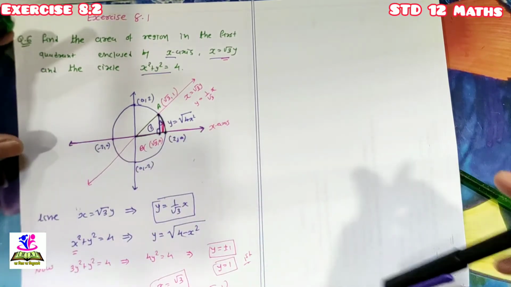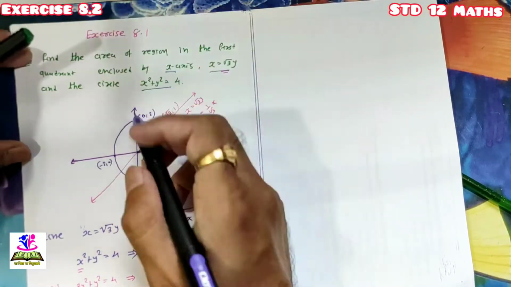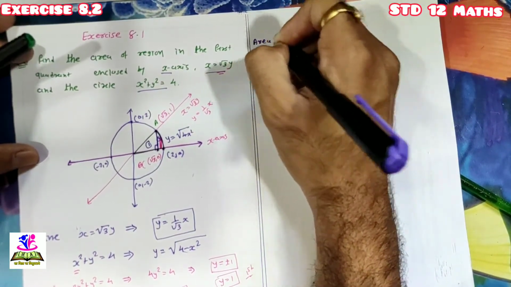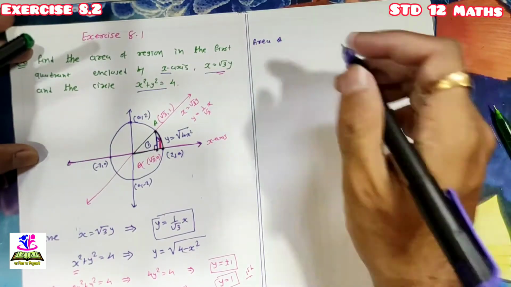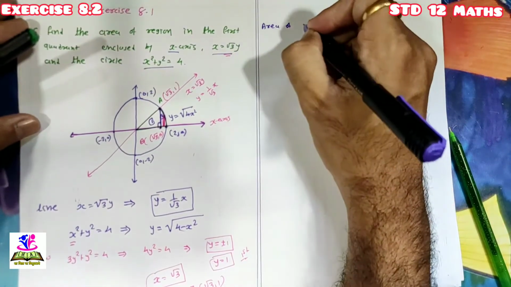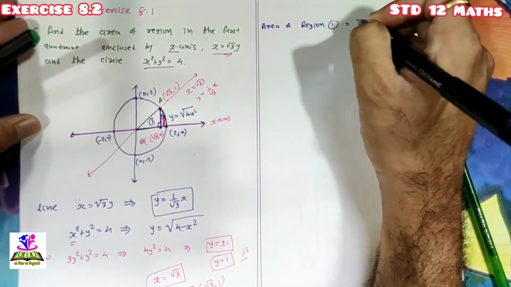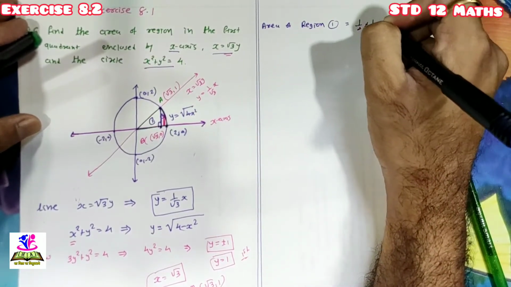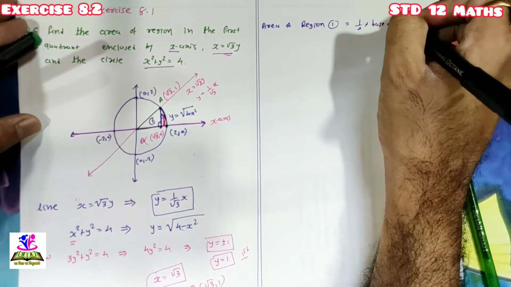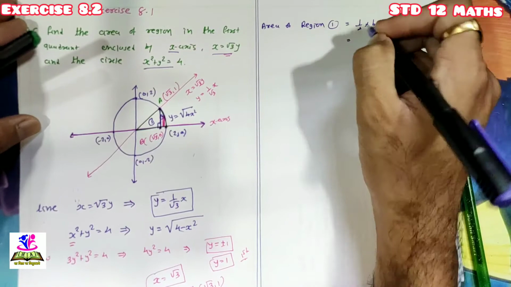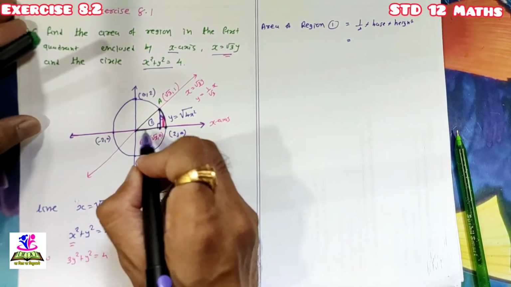So area of region 1 is, we can say, area of triangle, which is equal to 1/2 into base into height. Our region 1 is nothing but one triangle whose base is this distance 0 to √3.